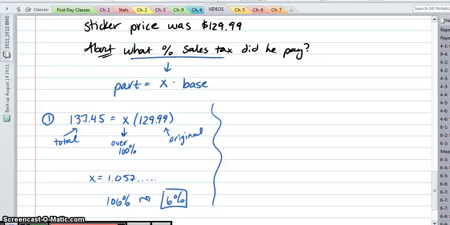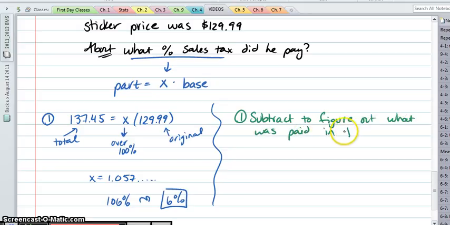The other way to look at it, well, we can subtract first to figure out what was paid in tax. And then work with that amount. So when you subtract, you're taking, you know, your total, 137.46.